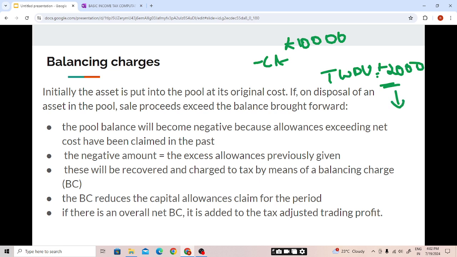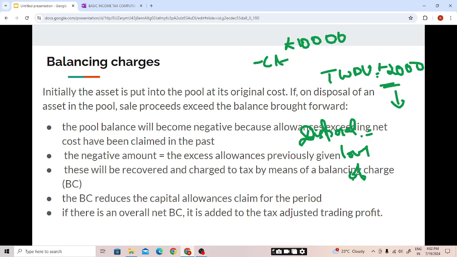And now we are disposing of the asset. When we dispose of the asset, students, the disposal proceeds will be the lower of two things: original cost and sales proceeds.